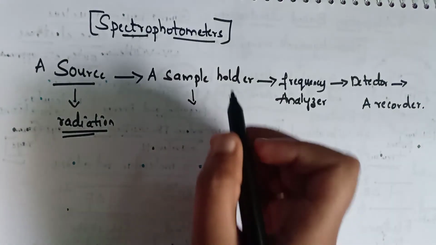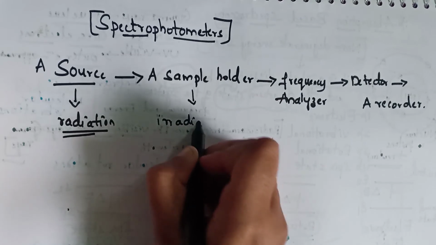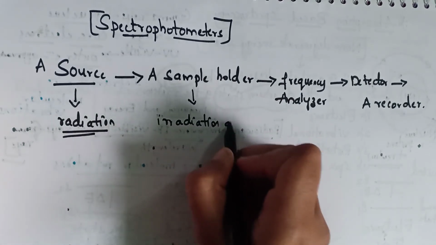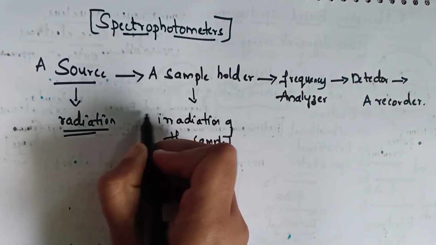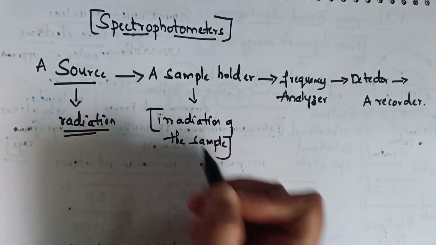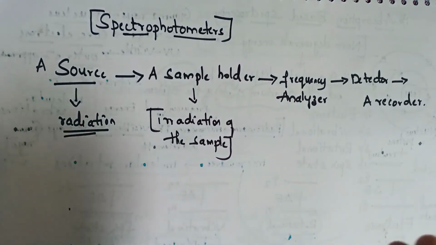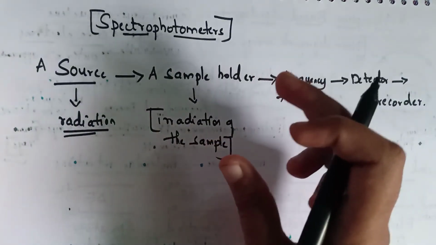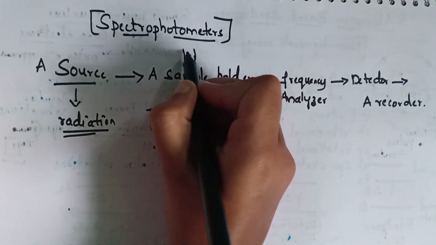What does irradiation mean? It is exposure of a substance to the radiation. To expose the compound to the radiation, it needs a sample holder. The compound under study is taken in this sample holder.